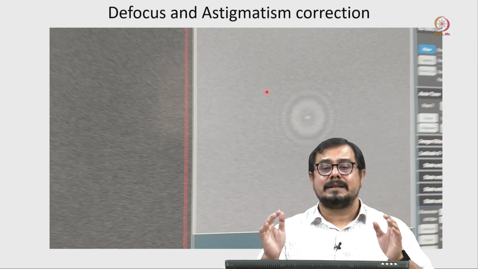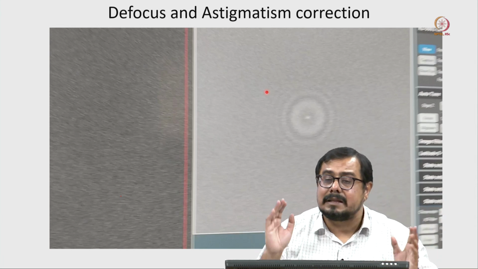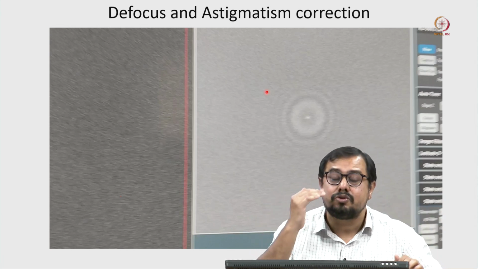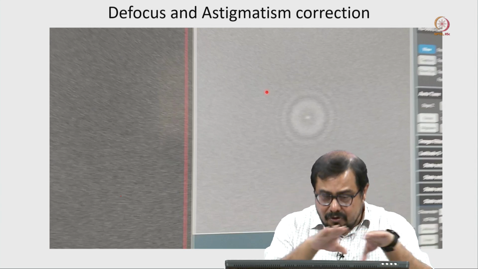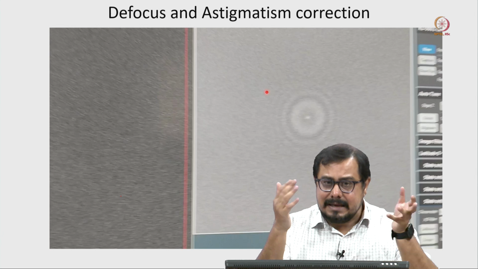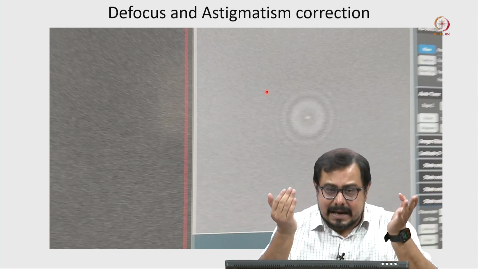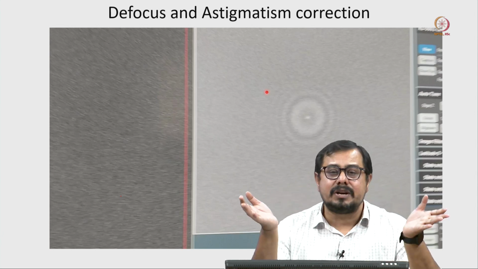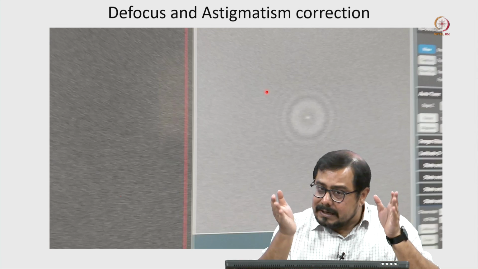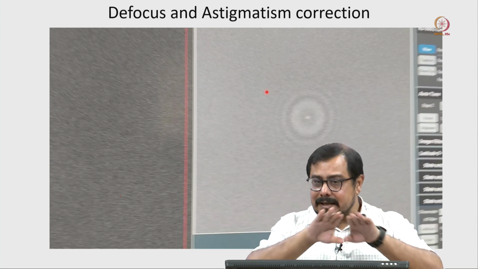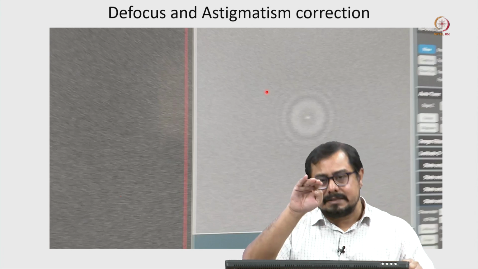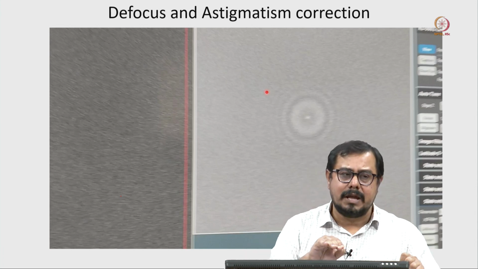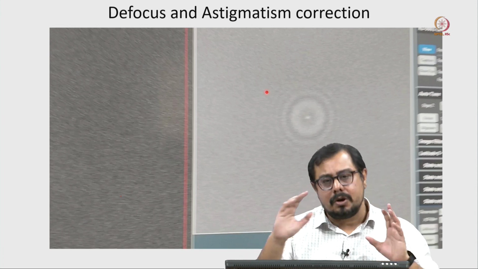That is one reason we do not collect data at focus. Even in the light microscope, when we image, we do not use the focused image, because our eye cannot see it, and we would say either it is off focus or the contrast is not good. So whether we are collecting data in an optical microscope or not, we go below or above that focus to collect the data.